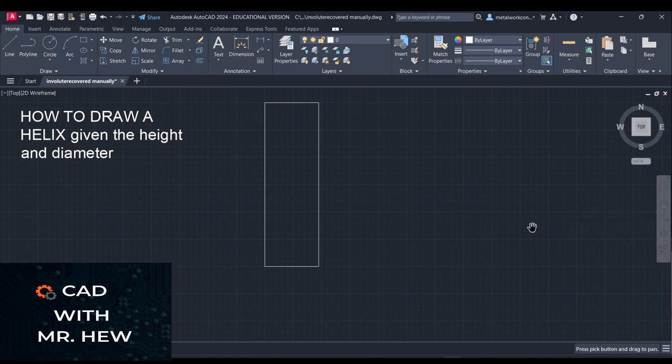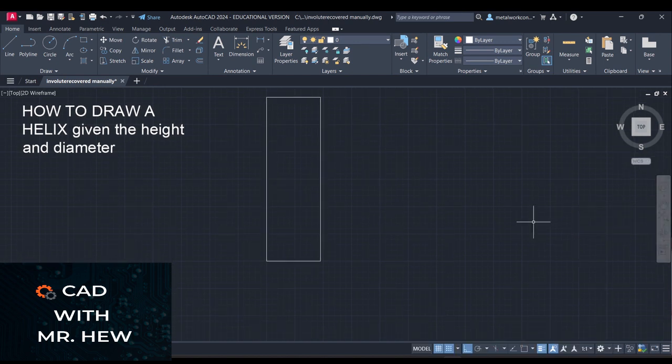All right, the next thing that we're gonna do, we're gonna draw the plan, okay? So we need a circle because the circle will be a plan. The plan will be a circle, sorry. All right, so there we have our front elevation and the plan.